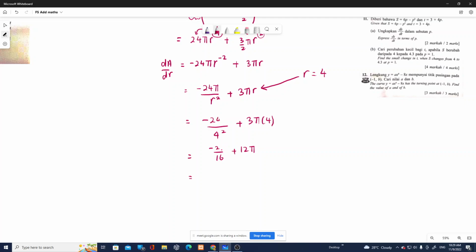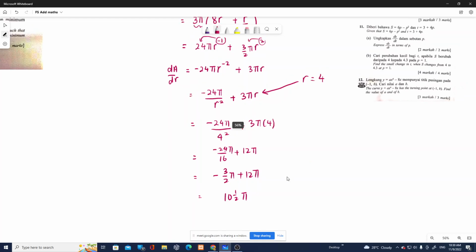Okay, 24 pi and 24 pi. So 24 over 16 will give you how much? 1.5 kan? Yeah, 3 over 2. Negatif 3/2 pi tambah 12 pi. How much pi you get? You get 10.5 pi. 10 1/2 pi. Correct? Yeah. Okay, so 10 1/2 pi.